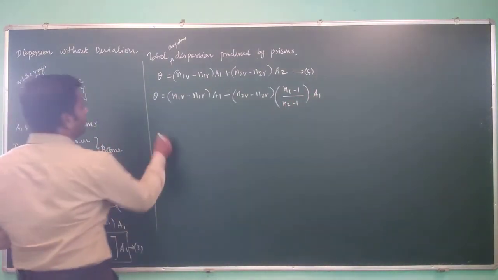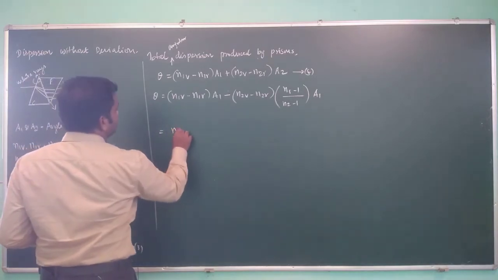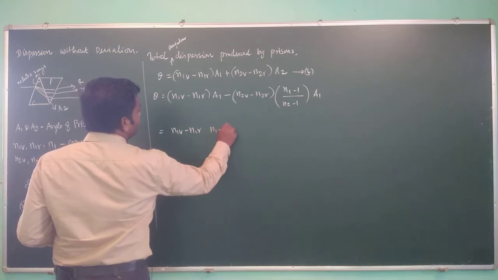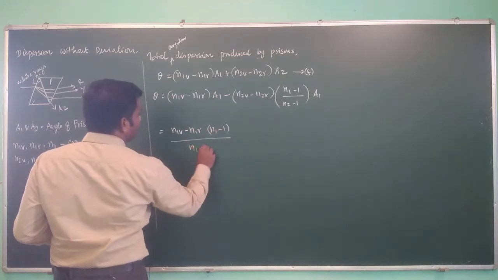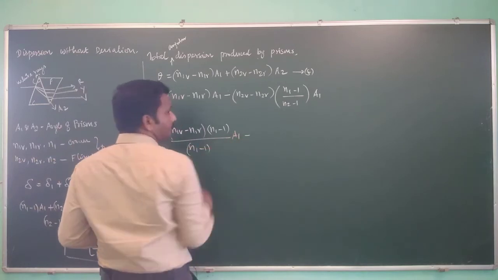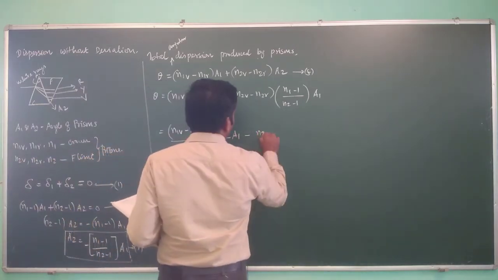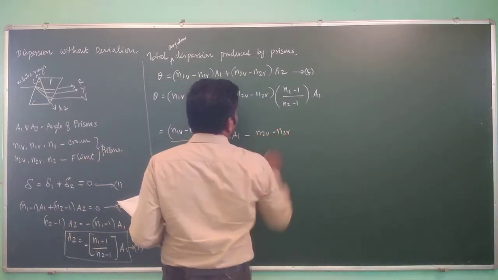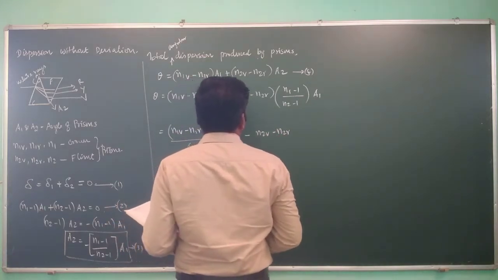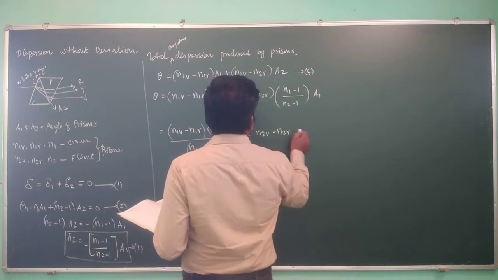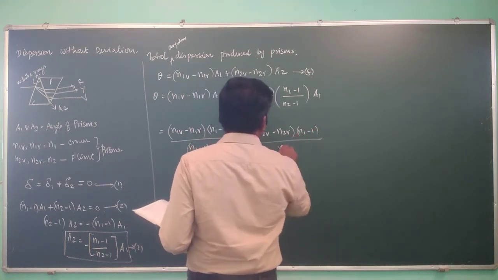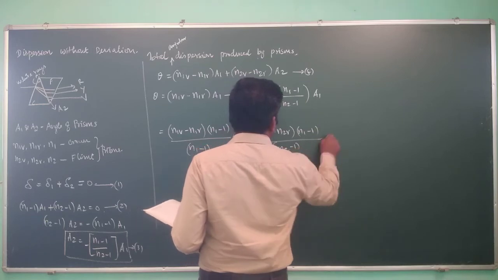We can multiply the first term, n1v minus n1r, with n1 minus 1 on both numerator and denominator, minus n2v minus n2r multiplied by n1 minus 1 by n2 minus 1 into a1.